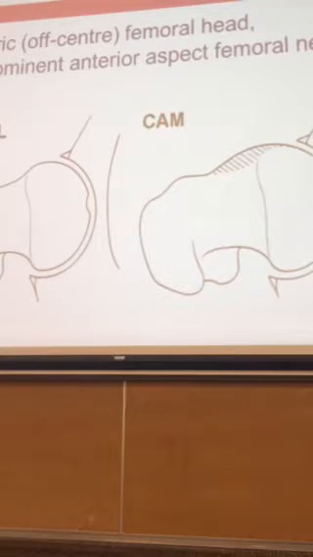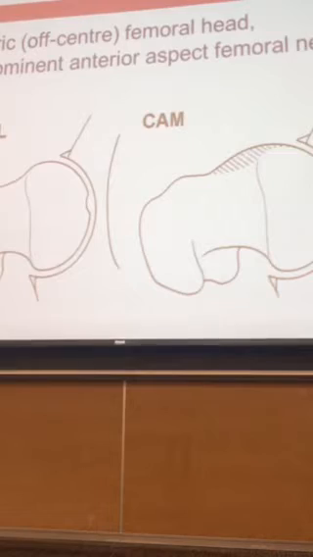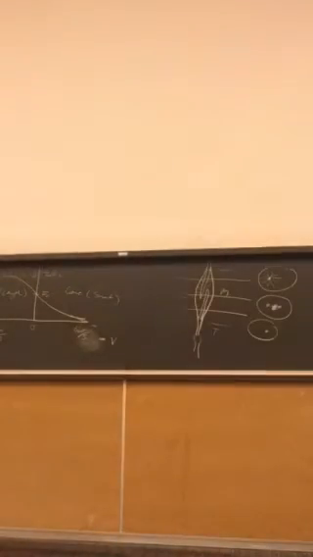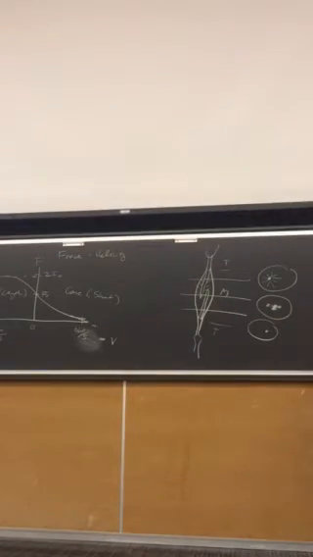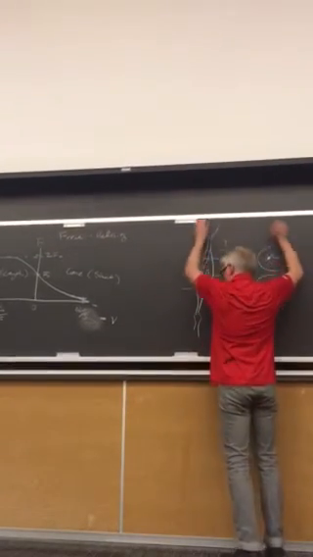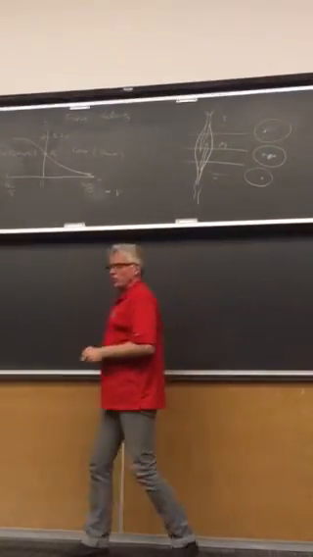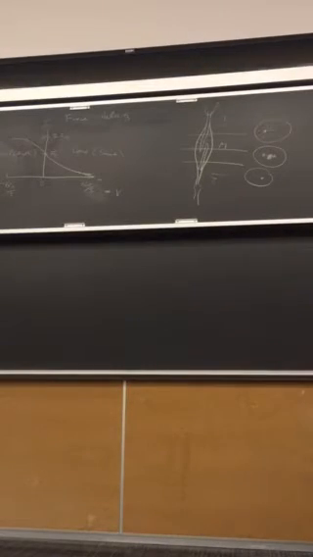And I'm going to draw a picture on the blackboard to help a little bit more. So if you look down, it's interesting that this skeleton, which is actually a plastic model based on a real human, has cam type FAI on the right hip and none on this side.